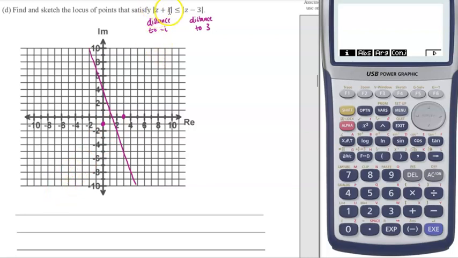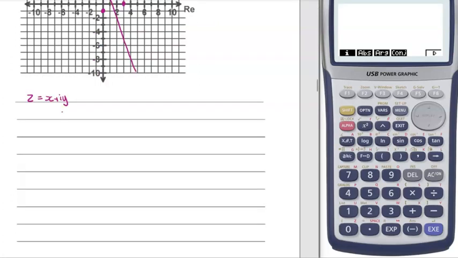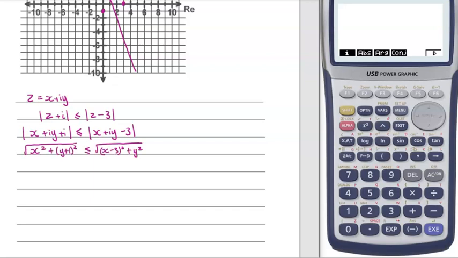Now to do that, we turn this equation into x's and y's and solve it so that we can get the equation of this line. So we start by stating that z is x plus iy. Then if we rewrite that equation, but with x plus iy instead of z, we get this. Now, modulus means that we are doing the square root of the real part squared plus the imaginary part squared.